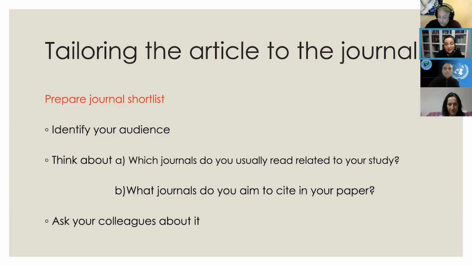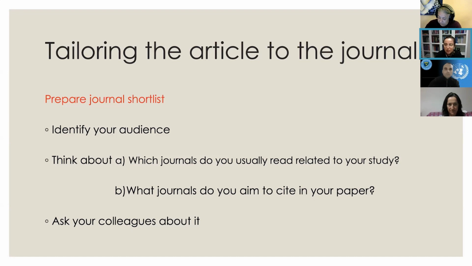The second step is to answer some questions, like which journals do you usually read related to your study while you are considering writing such a study or carrying out such a study. So which journals do you usually read?